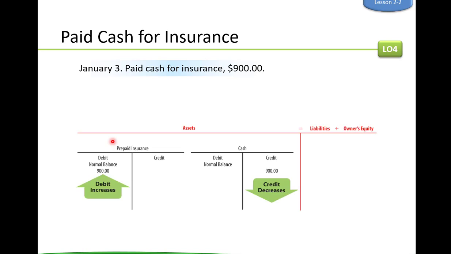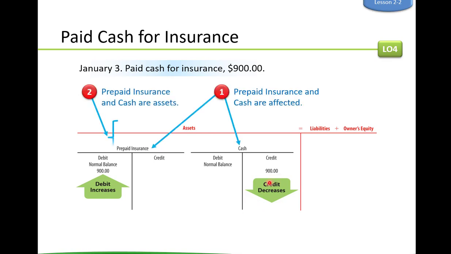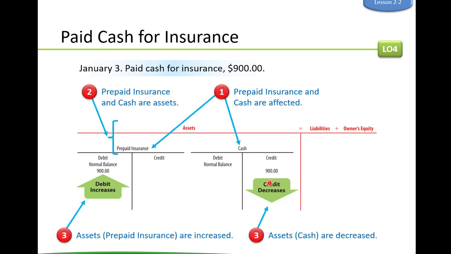We paid cash for insurance. Our two accounts are prepaid insurance and cash. Cash is going to go down because we're reducing money from our account, and credit is a decrease.